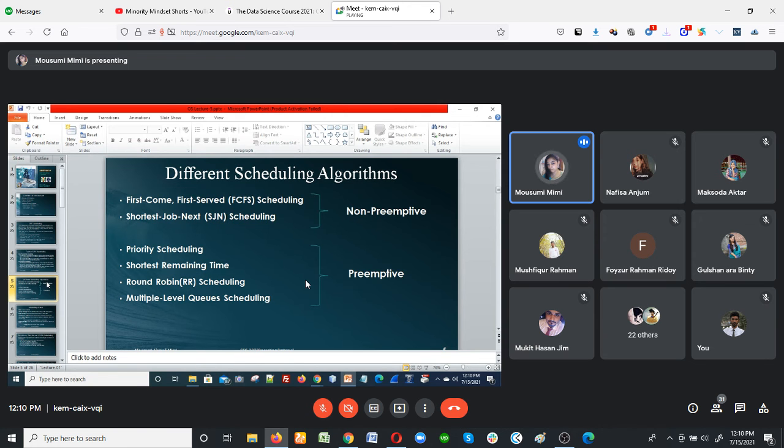This primitive scheduling is directly opposite of non-primitive scheduling. Primitive scheduling means that during your oral exam, if some students have another exam, I take their exam first, then I go serial-wise, meaning I do the tasks according to priority and complete the process.